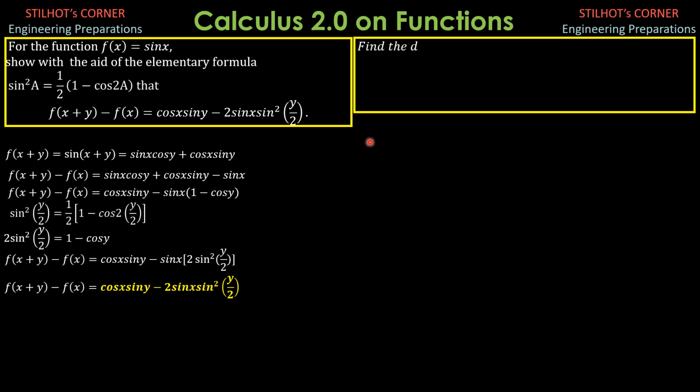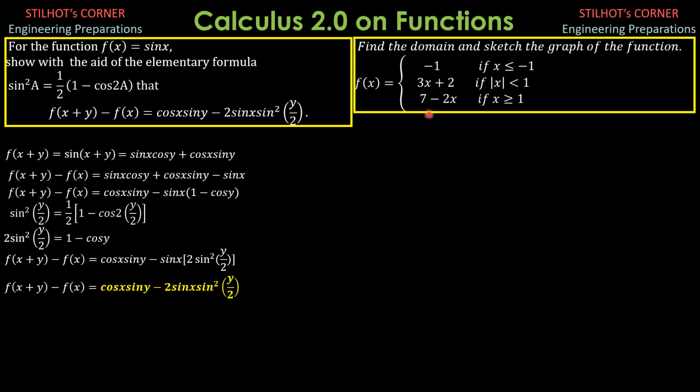So for the second part, we have to find the domain and sketch the graph of the function f of x. It is defined piecewise, three connected functions. Negative 1 if x is less than or equal to negative 1, so it is constant at negative 1. 3x plus 2 if absolute value of x is less than 1.